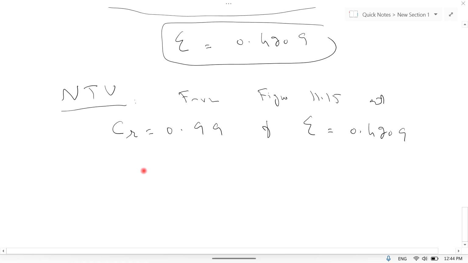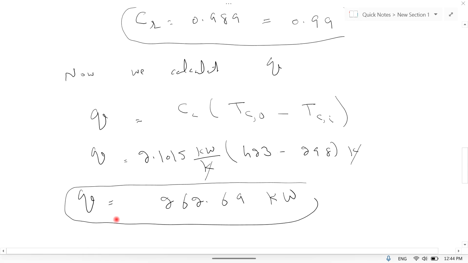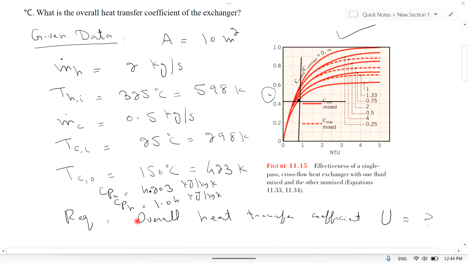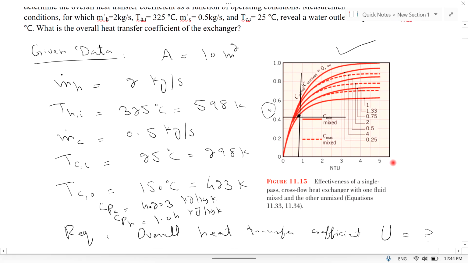Find the value of NTU. So go to figure 11.15. This is effectiveness. So effectiveness is 0.42, a little above 0.4. Draw a straight horizontal line from 0.42.